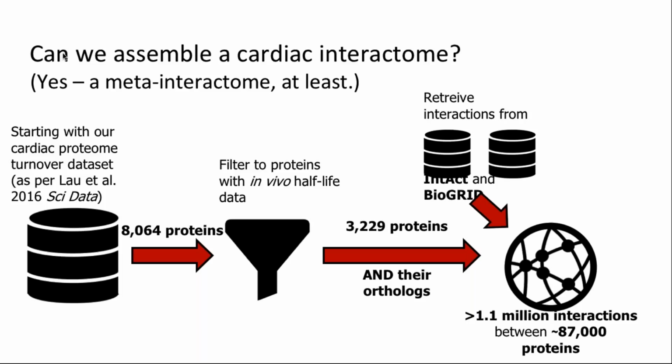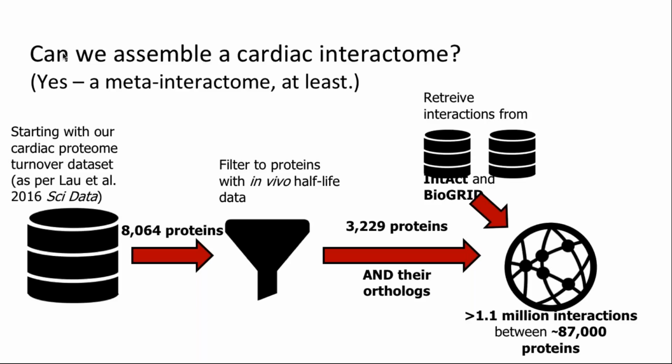But in practice, if we can get many interactions for many proteins, especially if we already know the proteins that we're interested in, say here we have a recently produced data set out of our lab dealing with cardiac proteome turnover, or essentially the levels of proteins in the heart at a certain period in time and how that's changing over time. That gives us a set of, in this case, more than 8,000 proteins to work with.